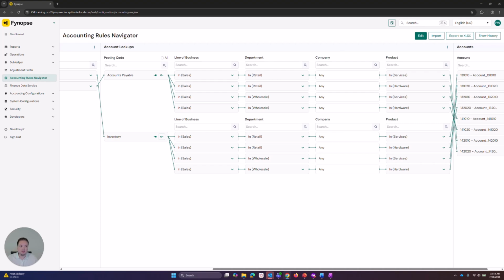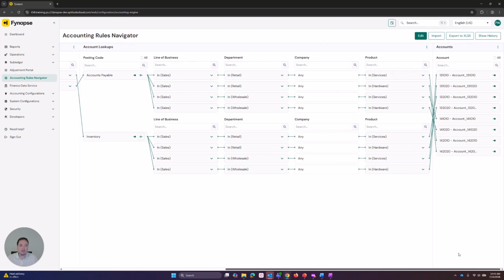For example, a purchase for the retail services business will post to a different inventory account than a purchase for the wholesale hardware business, even though both originated from the same purchase event. And this has been designed in Fynapse so that the accounting is highly configurable without changing the underlying accounting logic.